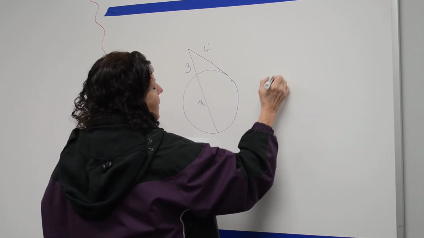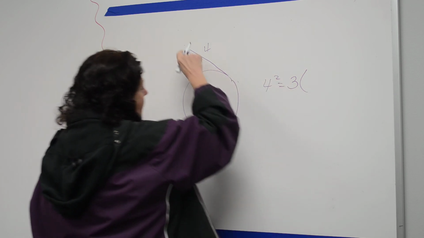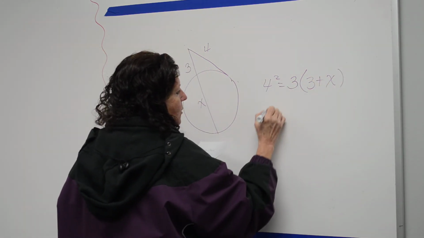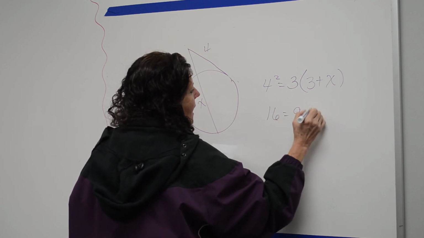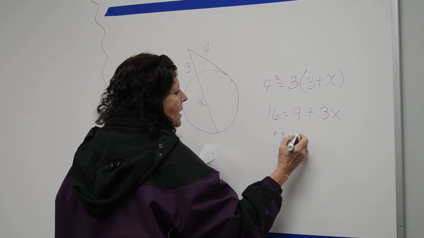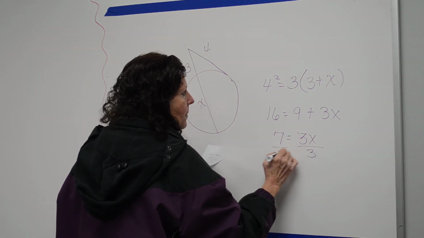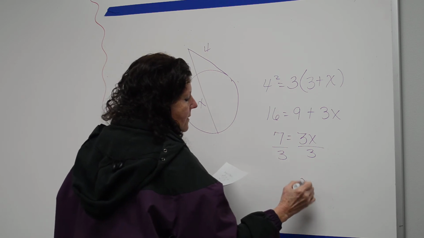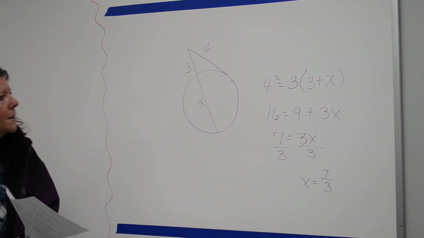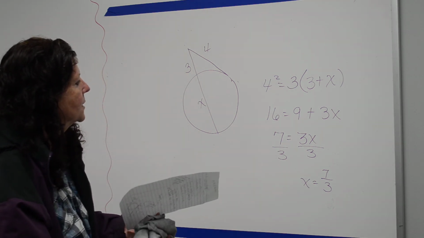So 4 squared is equal to the part on the outside times the whole thing, so 3 plus x. So I'll get 16 is equal to 9 plus 3x. I'm going to subtract the 9 and I get a 7. 7 is equal to 3x. I'm going to divide by my 3. So x is going to equal 7 divided by 3. Okay, obviously, because I'm making up numbers, they're not coming out even necessarily.